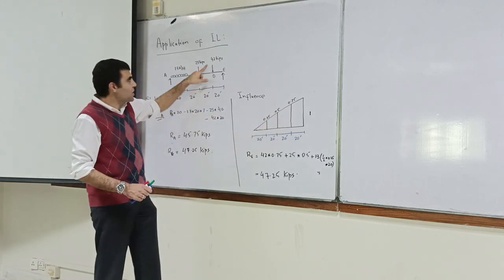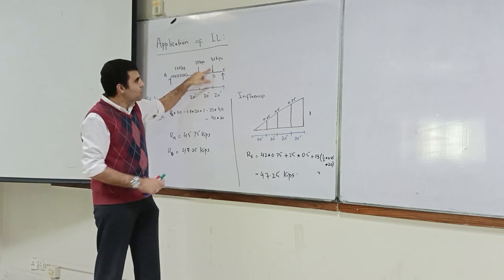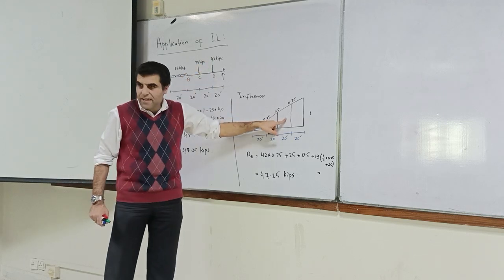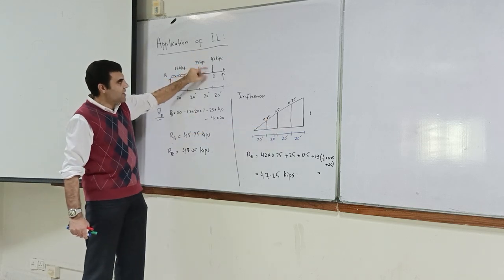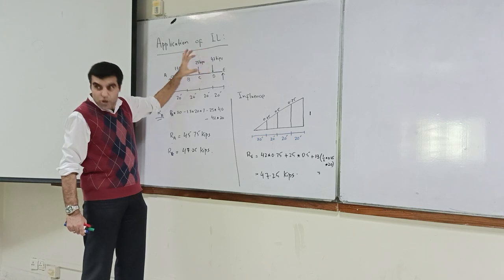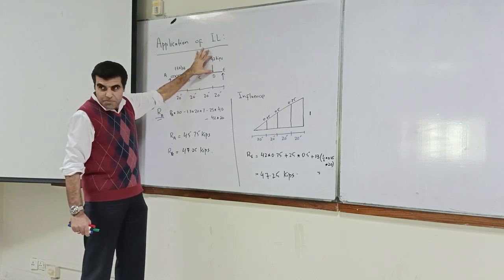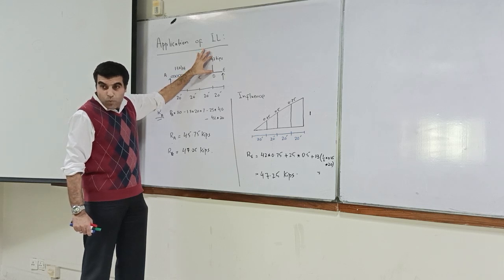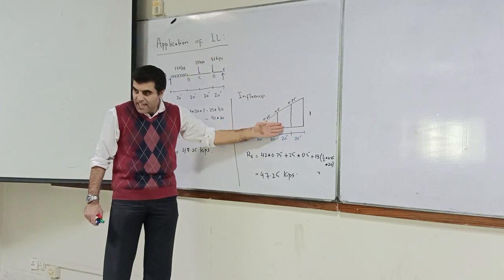So if this one load is 42, then 42 times 0.75 is 31.5. That is if I've got this load as a unit load at this particular location, what would be my reaction? That's what this influence line is telling me, isn't it?